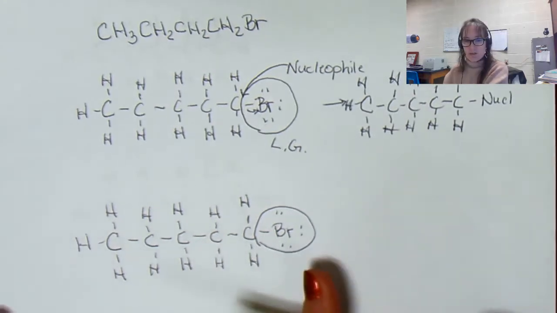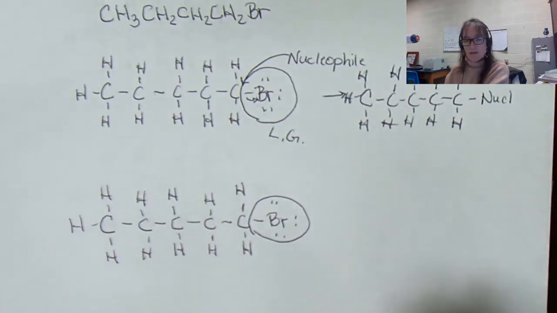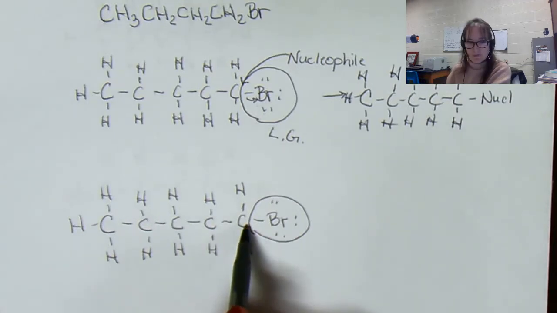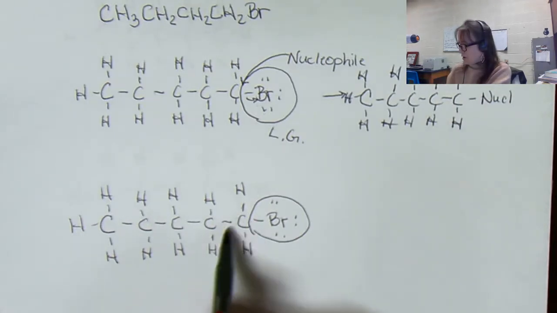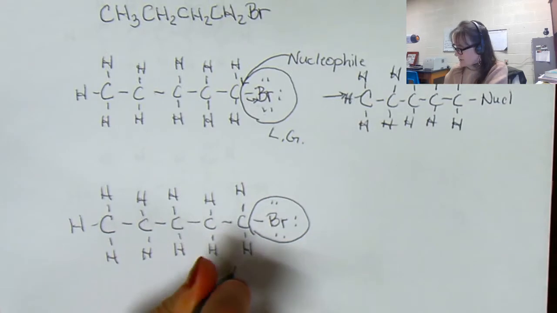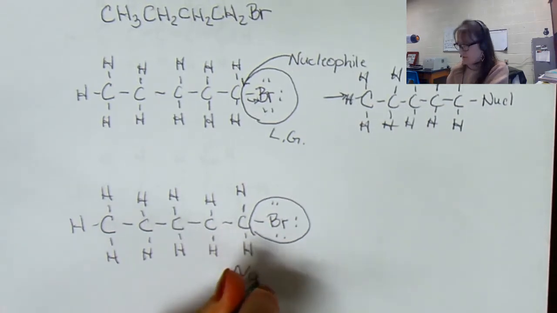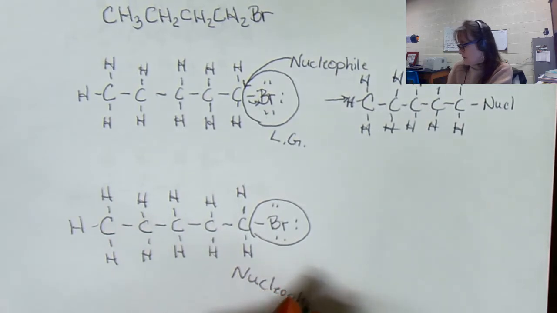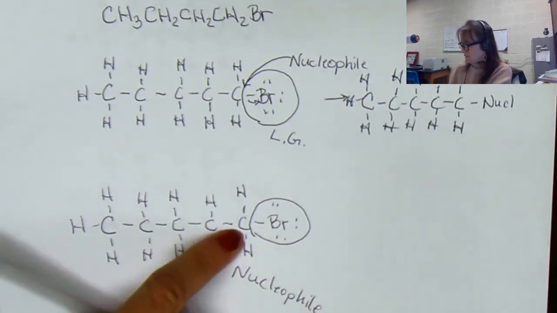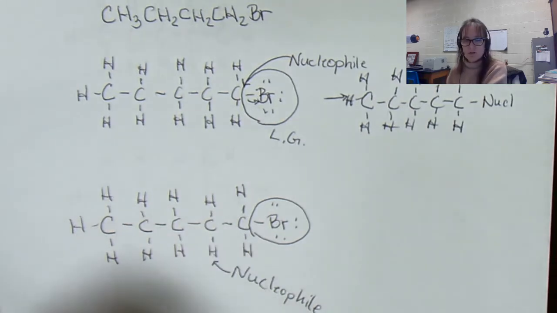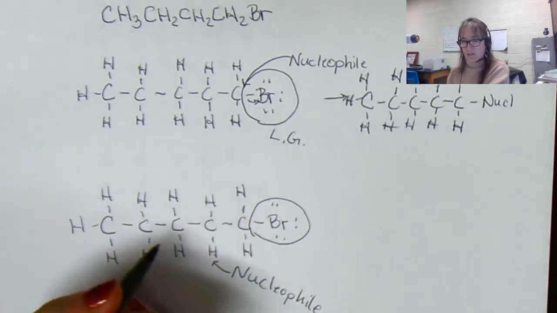You still would have a nucleophile, but if the nucleophile couldn't get to this carbon, it would go after a hydrogen on the neighboring carbon. And so if our nucleophile came in and couldn't get to this carbon, an alternative would be for it to try to bond to a neighboring hydrogen.